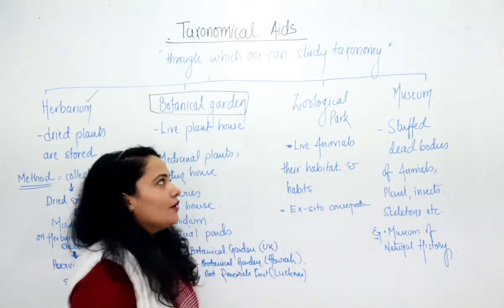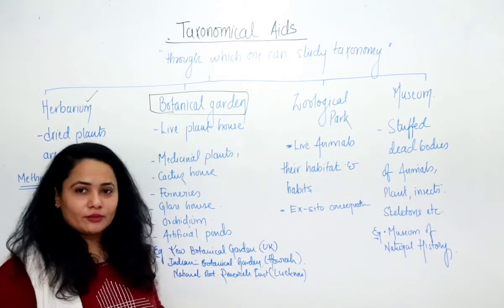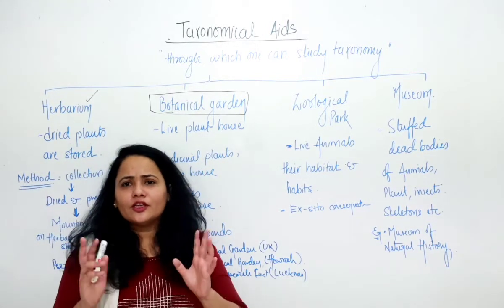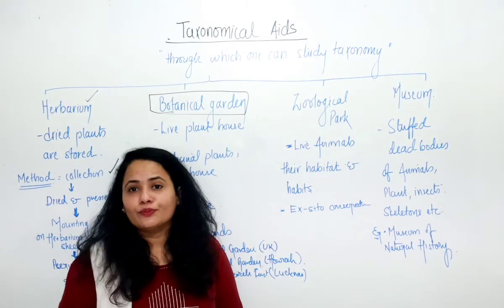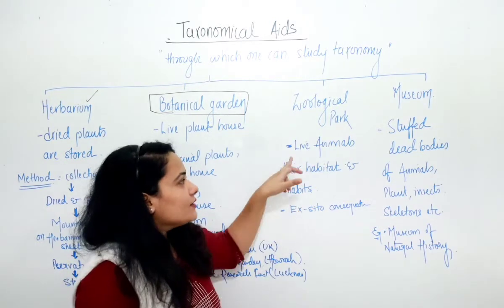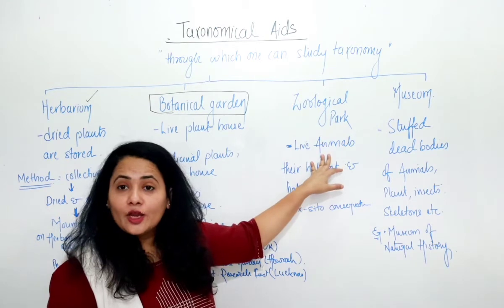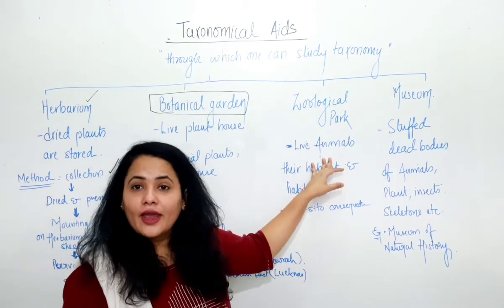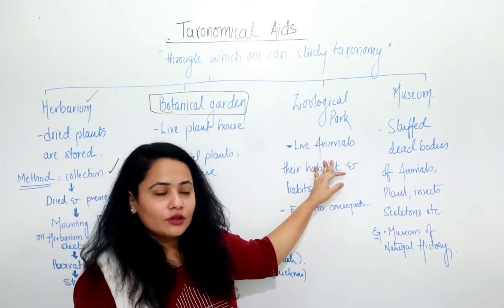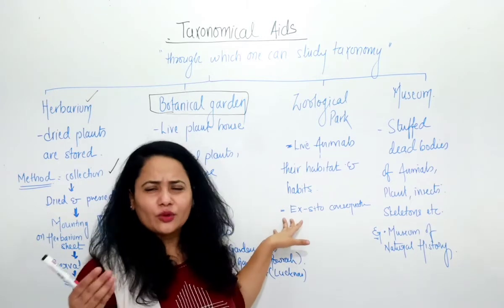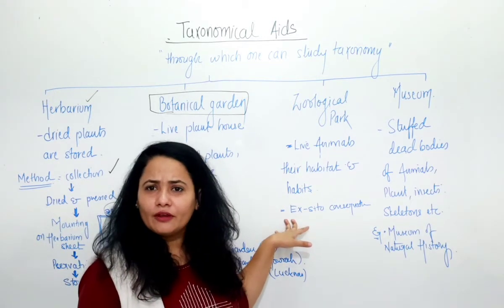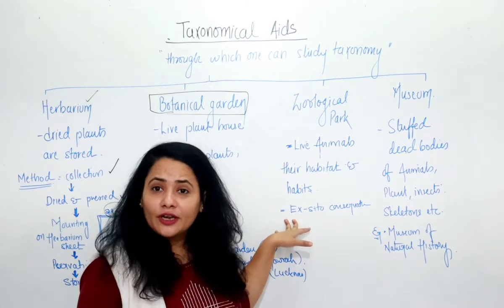Now next is the zoological park. What is a zoological park? In short, we call it a zoo. These are the places where live wild animals are kept and taken care of. So you can study animals, their habitat, their behavior, and they can be protected.